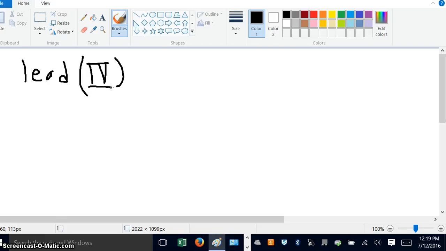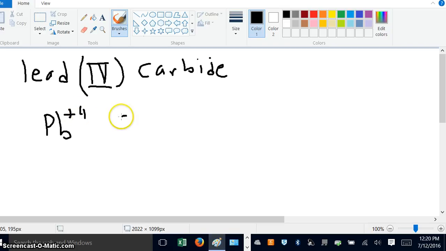How about carbide? So lead 4 is joining with carbon. So we have Pb, the chemical symbol for lead, is +4, and carbon is of course -4.